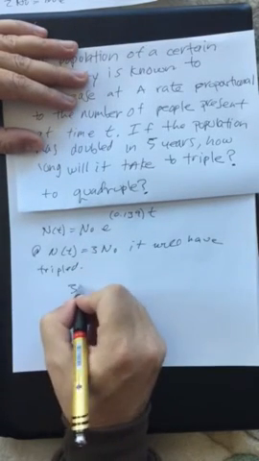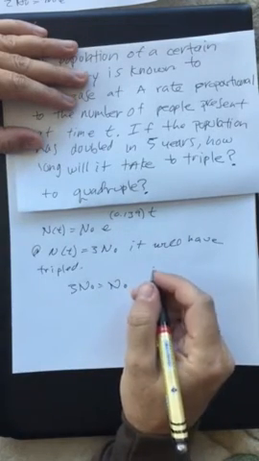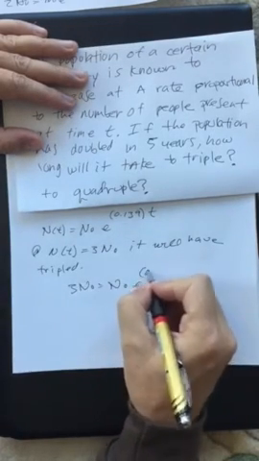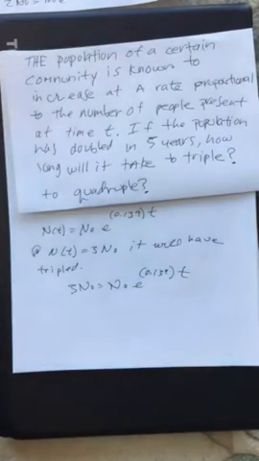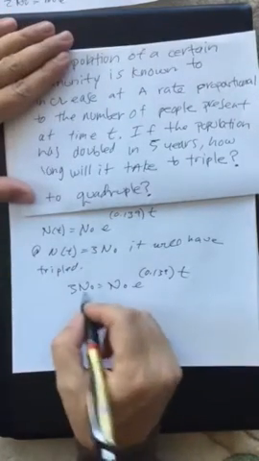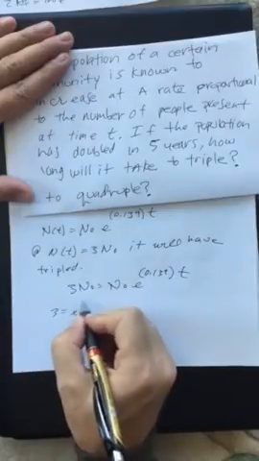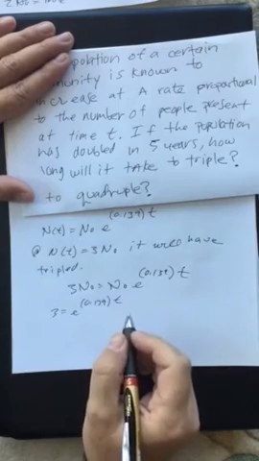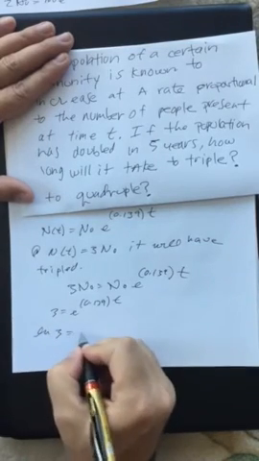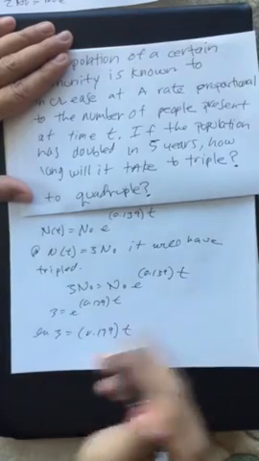So we have 3 N naught equals N naught e to the 0.139 t. We're trying to find this time. These N naughts cross out, so we have 3 equals e to the 0.139 t. Log 3 equals 0.139 t.